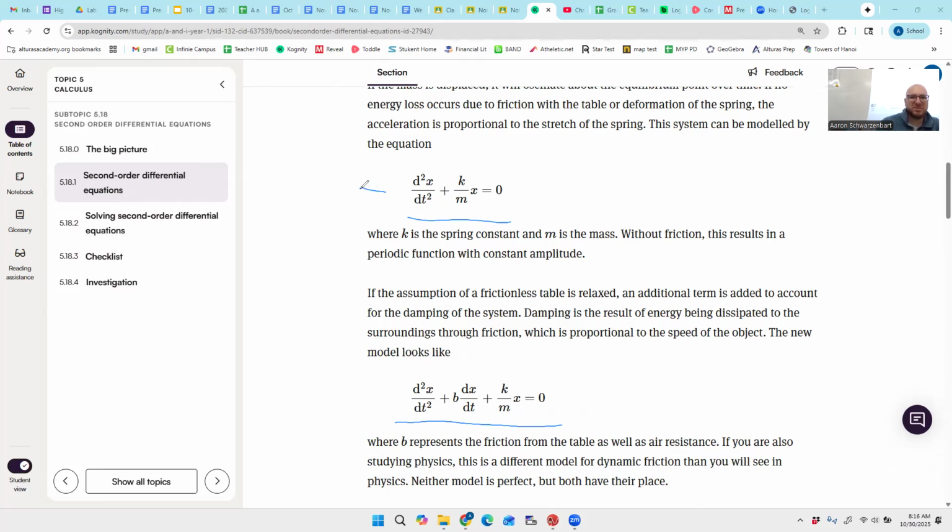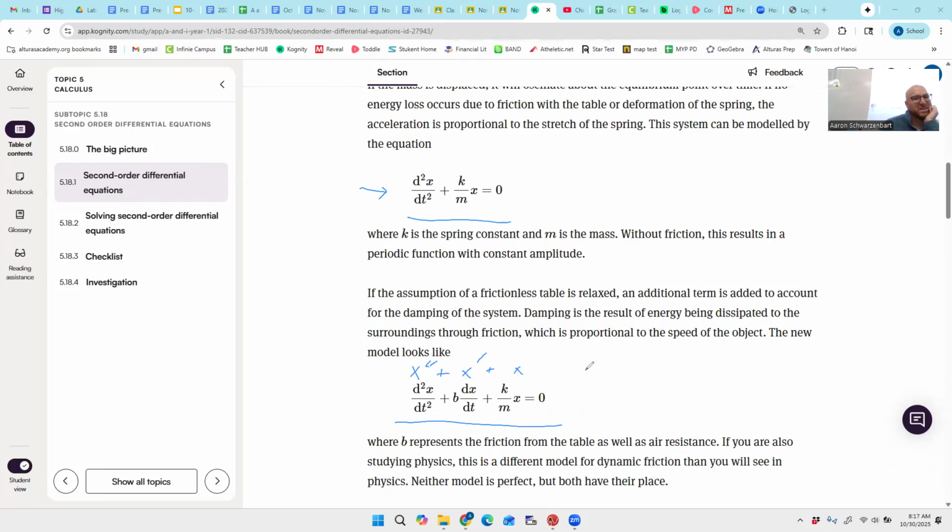We did some sort of like this last year, where we separated the variables and integrated twice. This year, notice it has an x double prime, x prime, and an x. This is where they get significantly more complicated.